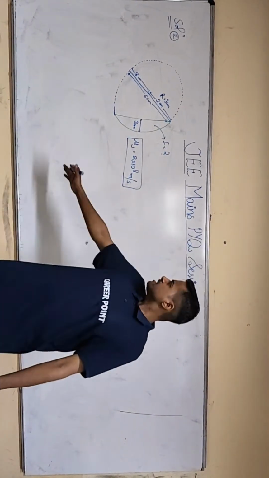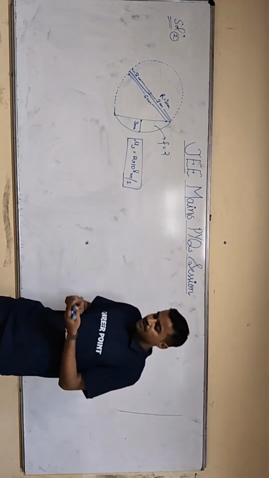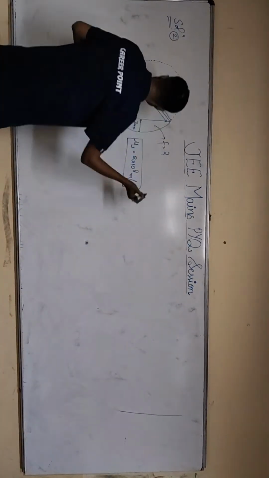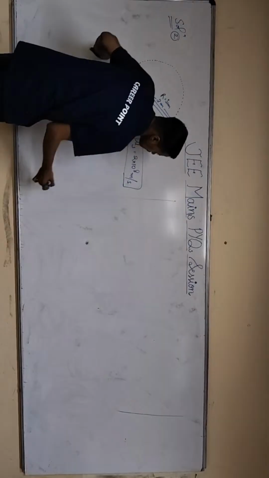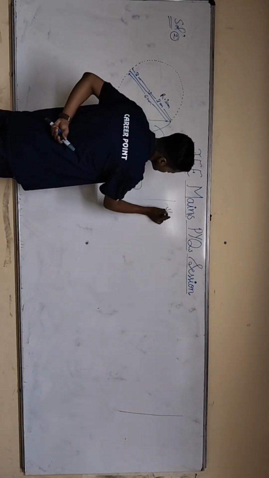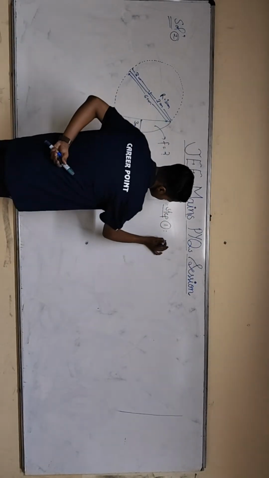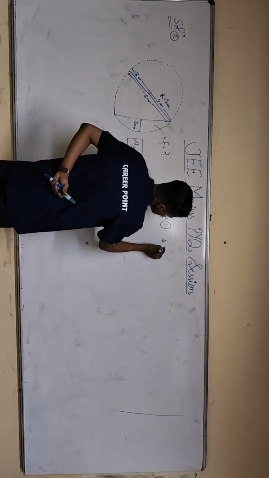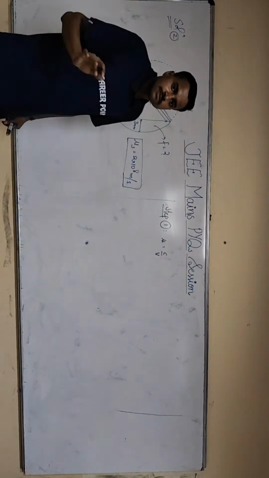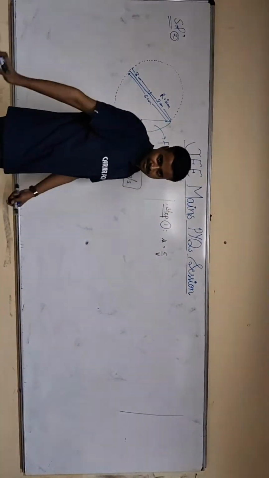First of all, in step 1, we have to calculate the refractive index. Write down step 1. As you know very well, mu is equal to c by v, the ratio of the speed of light in vacuum to the speed of light in the material.